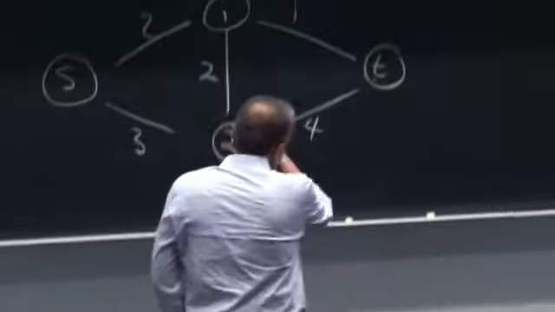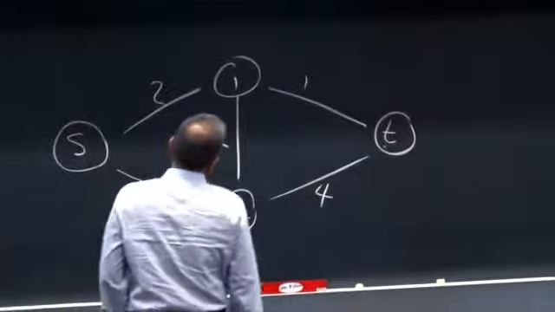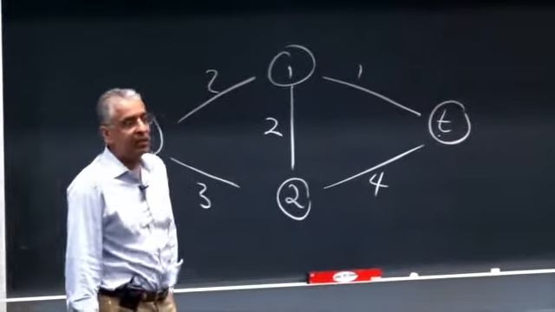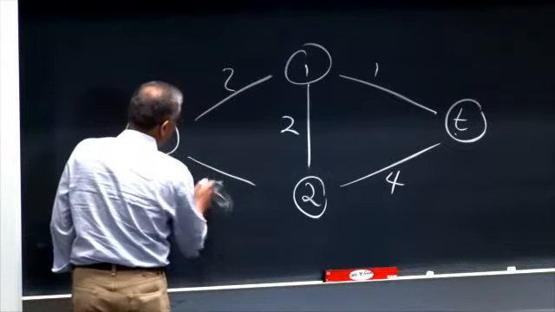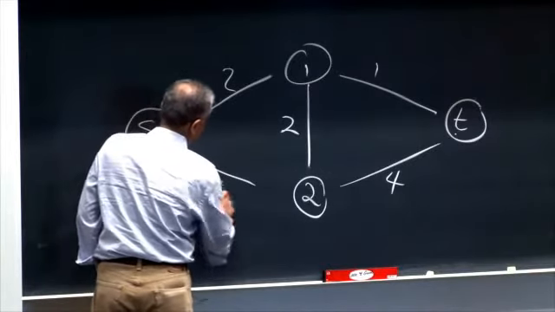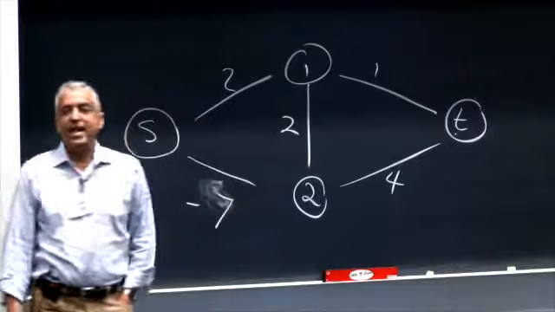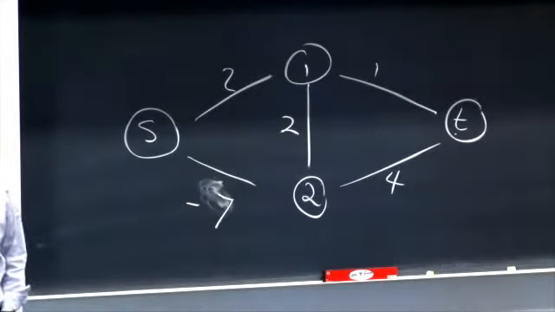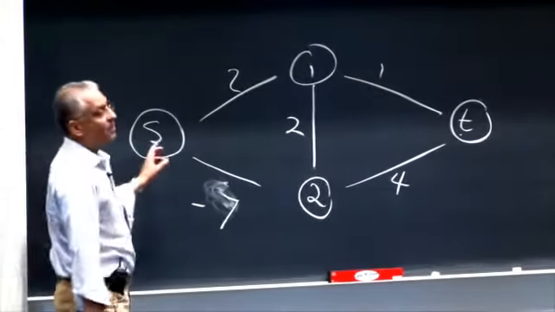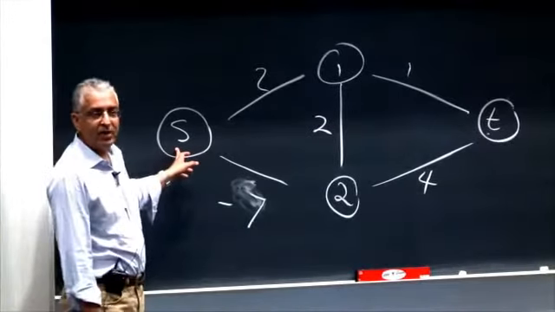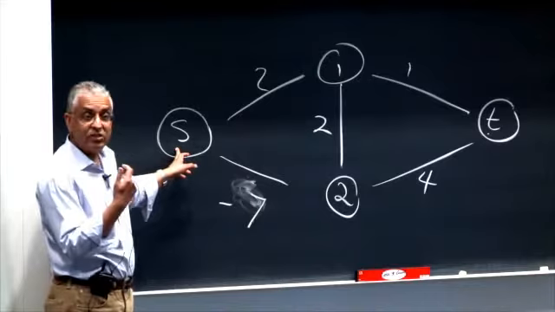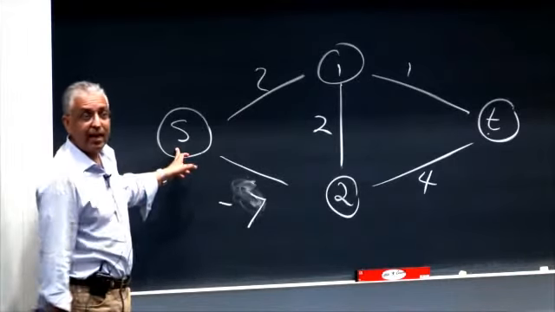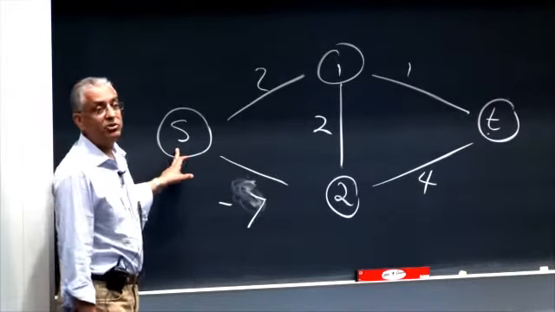Now, is it the case that this optimization problem always has a well-defined solution? The answer is no. Suppose instead this edge had a length of -7. Then the problem of finding a shortest path from source to sink would not be well defined, because if you phrase it as sending a unit of a divisible good from source to sink so as to minimize cost, what would you do?